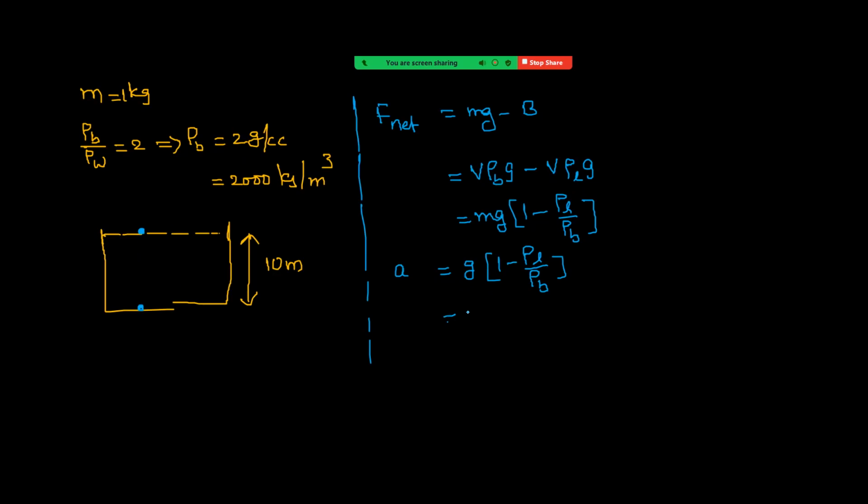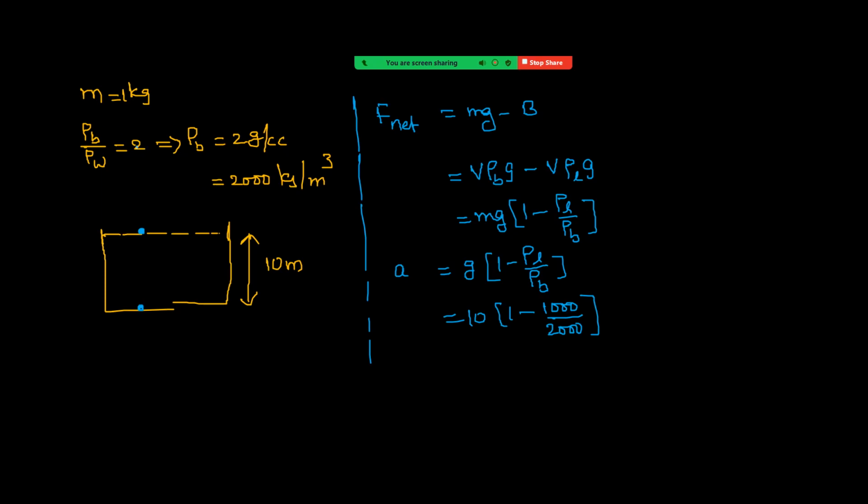Substitute values here. g is 10, 1 minus density of liquid. Density of water is how much? 1 gram per cc. It is 1000 kg per meter cube upon density of body 2000. Or directly you can write here 1 by 2, because specific gravity is 2.